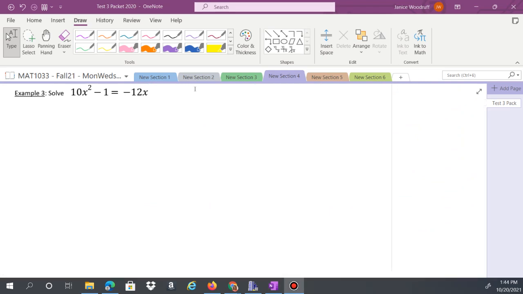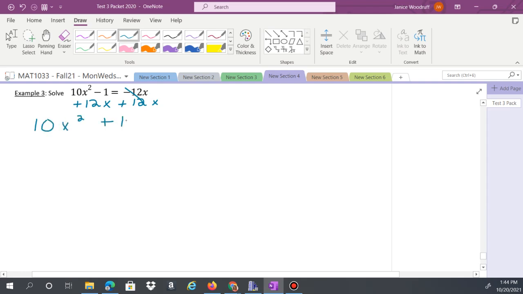All right, so we're going to take the minus 12x and move it over. Okay, these are going to cancel. So if I write this all out, this is 10x squared plus 12x minus 1 equals 0. So then A is going to be 10, B is going to be a positive 12, C a negative 1.